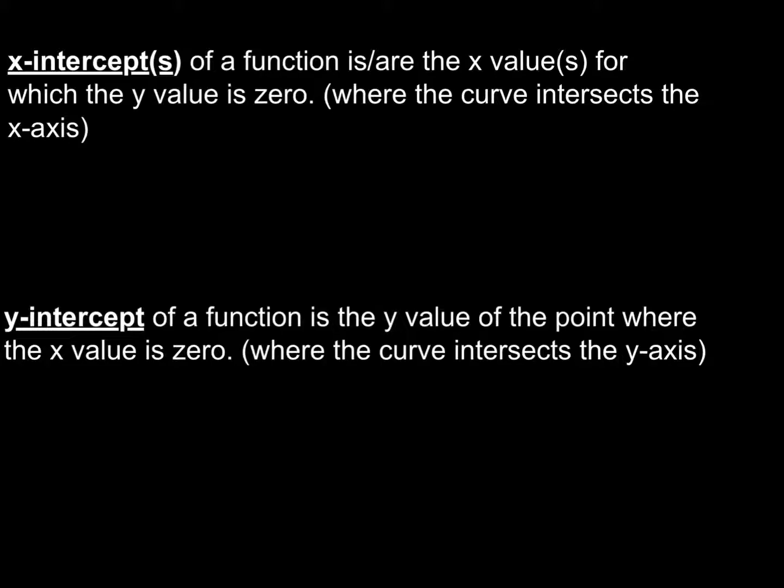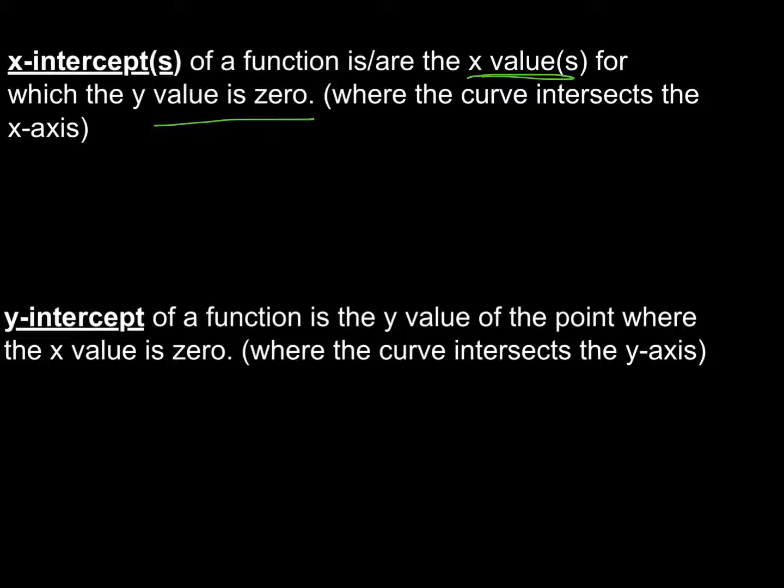Let's talk really briefly about how we find these values. If you have some function and you want to find the x-intercepts, you're going to be solving for an x value. So you're going to plug in a y value of 0 and solve for x.